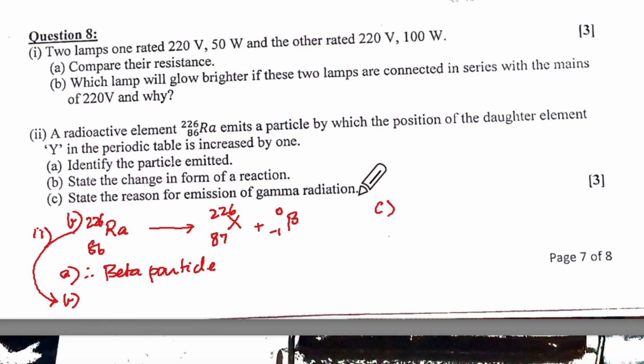State the reason for the emission of gamma radiation. They didn't ask for the reason for beta emission. Beta emission means one of the neutrons of the parent nucleus splits into a proton and an electron. That electron is thrown out of the nucleus as a beta particle.